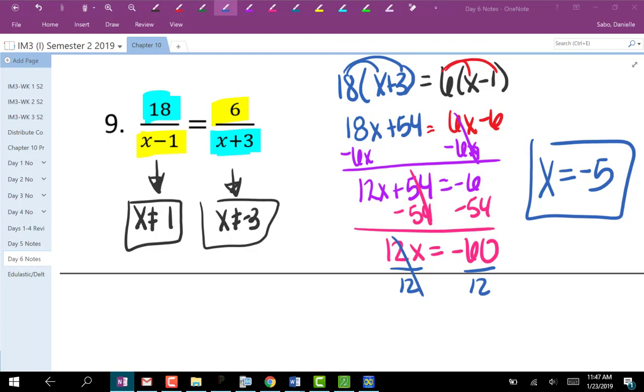But here, I chose to move the 6 to the left because when you do that, you create a positive number. That's just what my brain was thinking, that because this is bigger than this one, I chose to move the 6. You could have chosen to move the 18 this way. That's fine. And you'll end up getting the same answer as long as you follow the same rules.